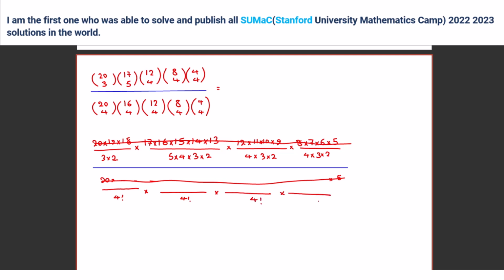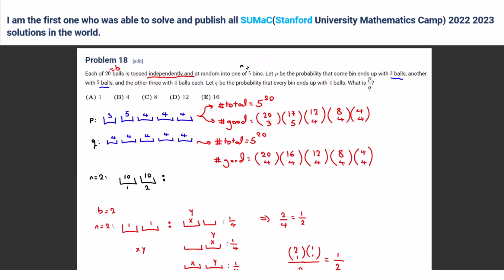Again, we can cancel a lot of terms here. That's the reason I didn't cancel earlier, because they are similar. You can cancel like this: 4 factorial, then 3 factorial, 4 is left. So the answer is what? 4 over 5, right? Okay, let's see the cases.